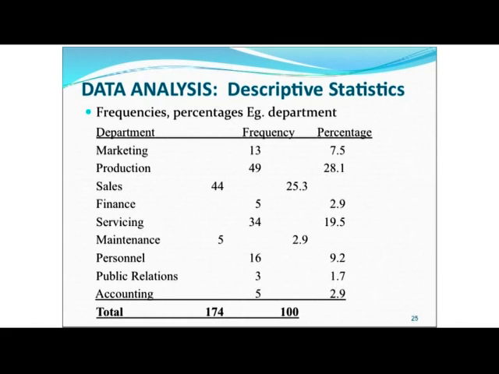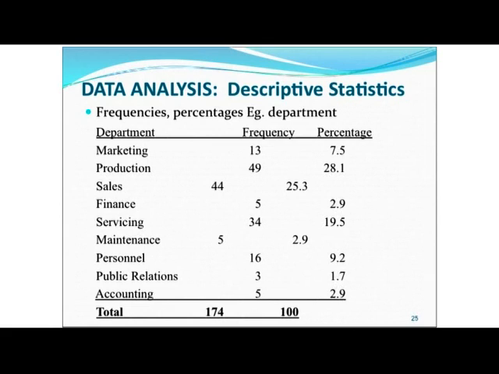Now, we can do analysis in two forms. Descriptive analysis and inferential analysis. Your descriptive analysis comes from that lowest level of scales, that is the nominal scale. Okay? And at the most basic level it allows you to do frequencies and percentages. So if you asked people which department they come from, you'll be able to tell how many came from marketing, production, etc. And you simply convert that from frequency to percentage.